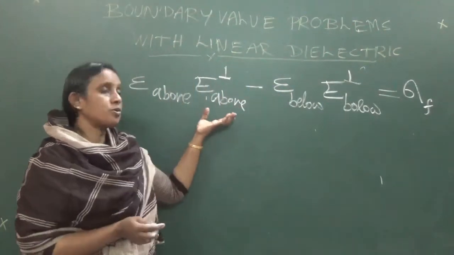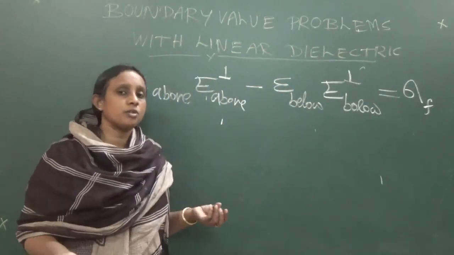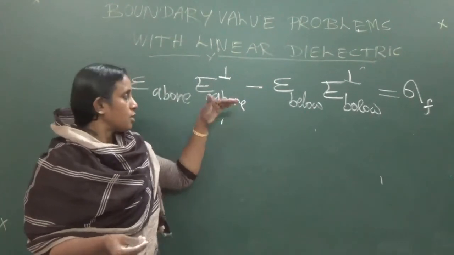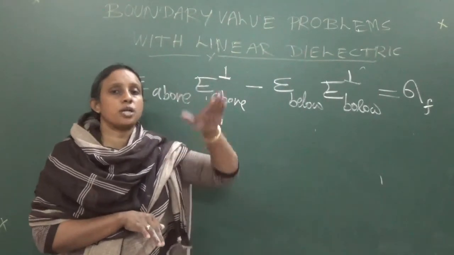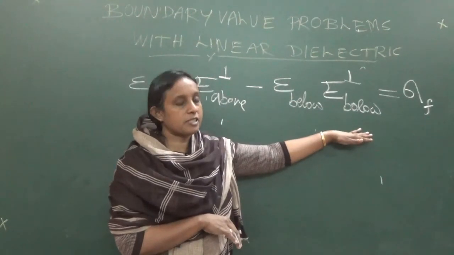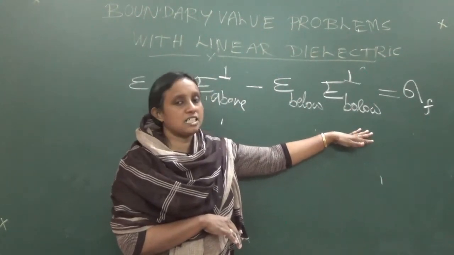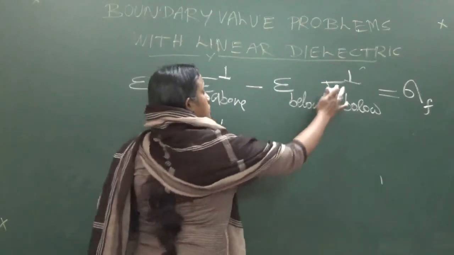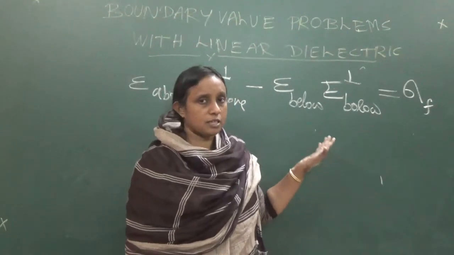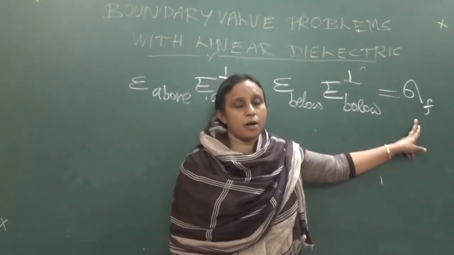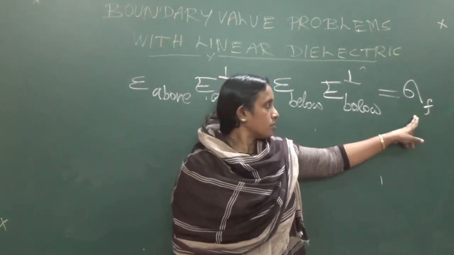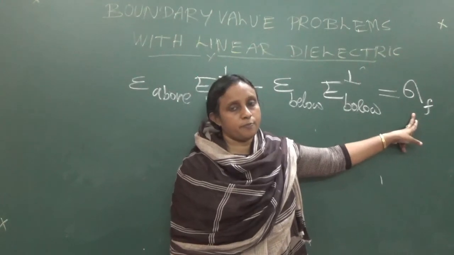We already learned about this in our previous class when we discussed the electric displacement vector. This is the electric displacement vector at the boundary of two dielectric media. You can write this expression like this. This is the boundary condition for the electric displacement vector, or in terms of the electric field you can write it like this. So the electric displacement vector is discontinuous by an amount sigma f, where sigma f is the free charge density.